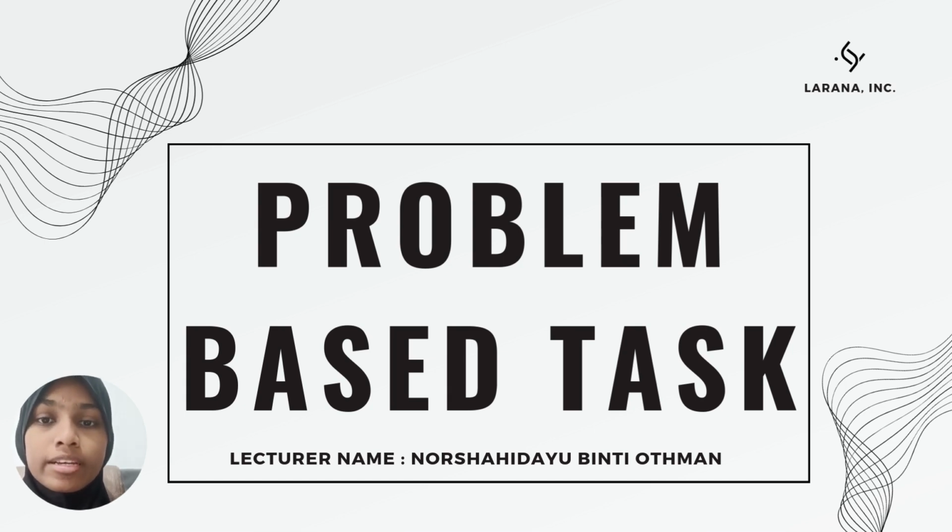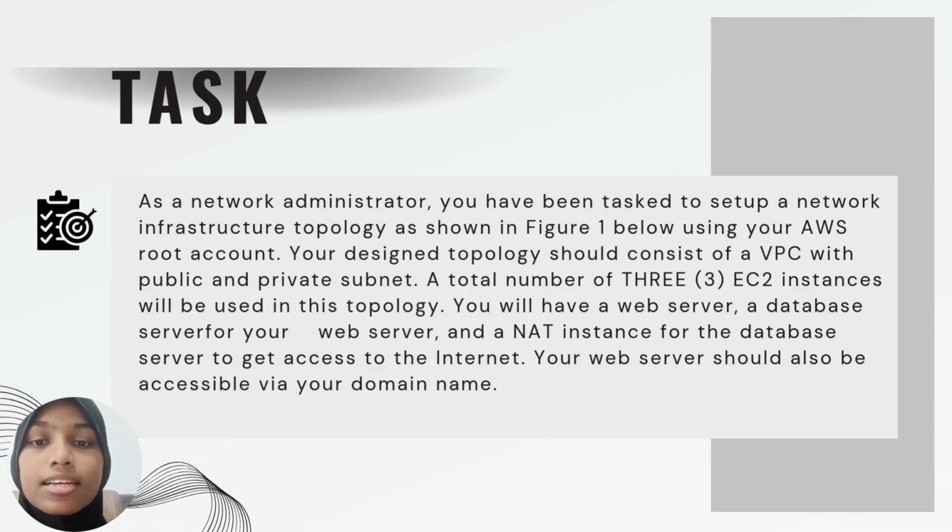Today I will be presenting a problem-based task for cloud computing. As a network administrator, you have been tasked to set up a network infrastructure topology shown in figure 1 below. Using your AWS root account, your design topology should consist of a VPC, public and private subnet.